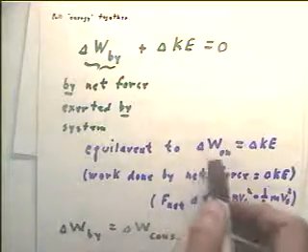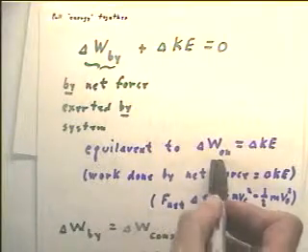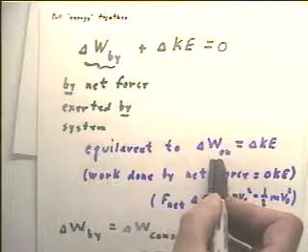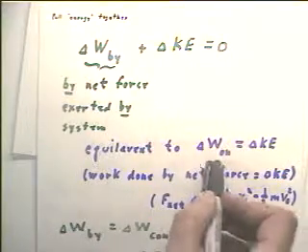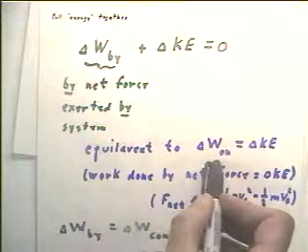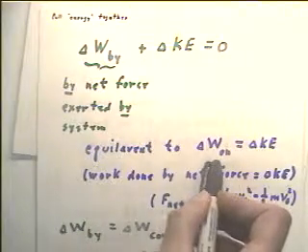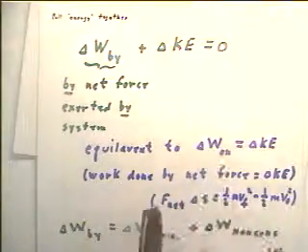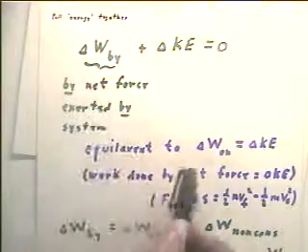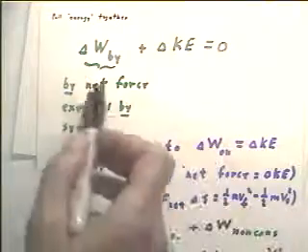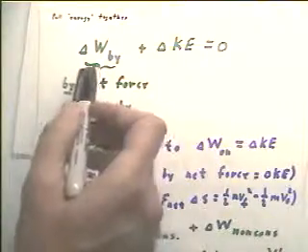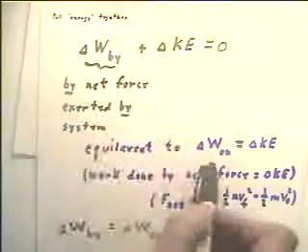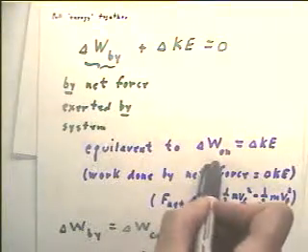Now the work done on the system by the net force, if it's positive, will tend to increase the kinetic energy. If we do positive work on the system by the net force, then the system, which exerts an equal and opposite force on whatever is working on it, will have to do the negative of that much work, so that the change in the amount of work done by the system is the negative of the work done on the system.